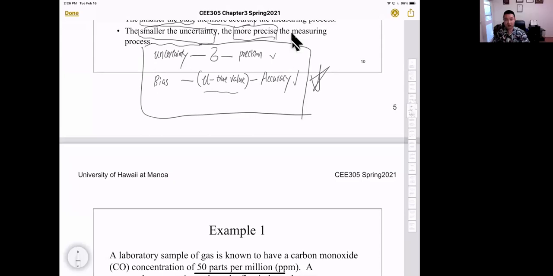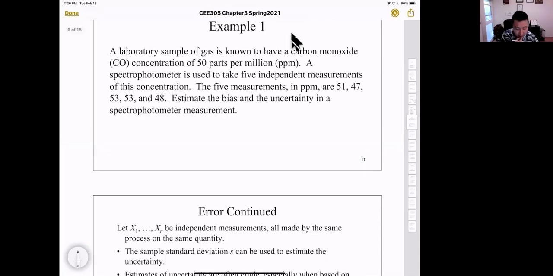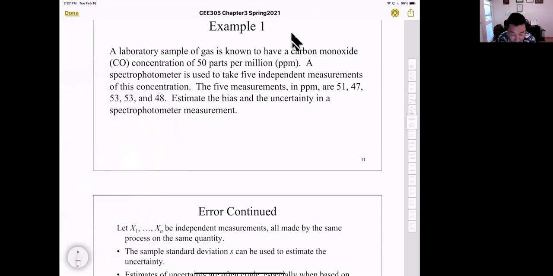All right. So let's look at an example. Here we have a lab sample of gas. It's known to have a carbon monoxide, CO, concentration of 50 ppm. Okay, ppm is parts per million. So the true value is known, 50 ppm. A spectral photometer is used to take 5 independent measurements of this concentration.